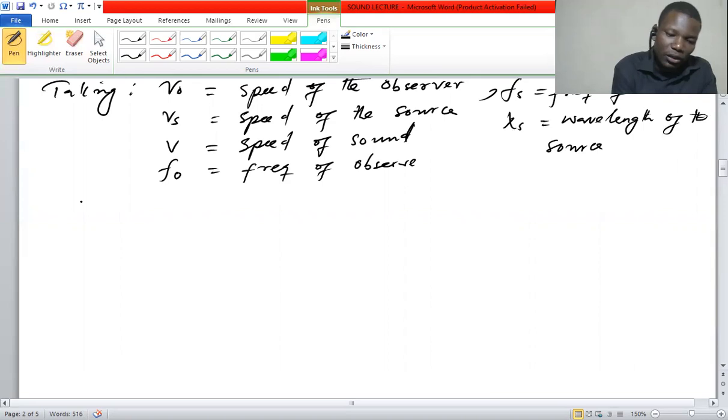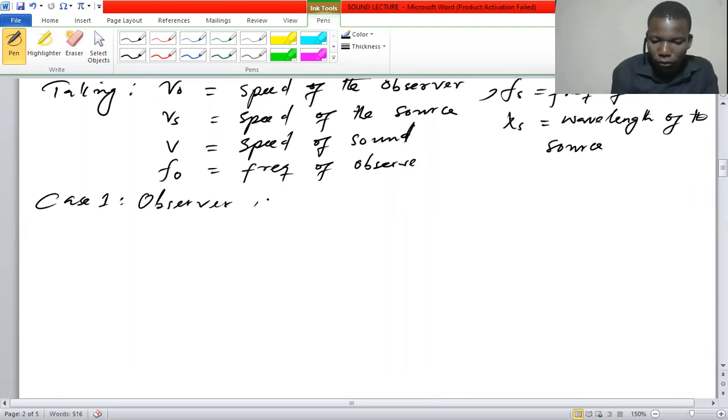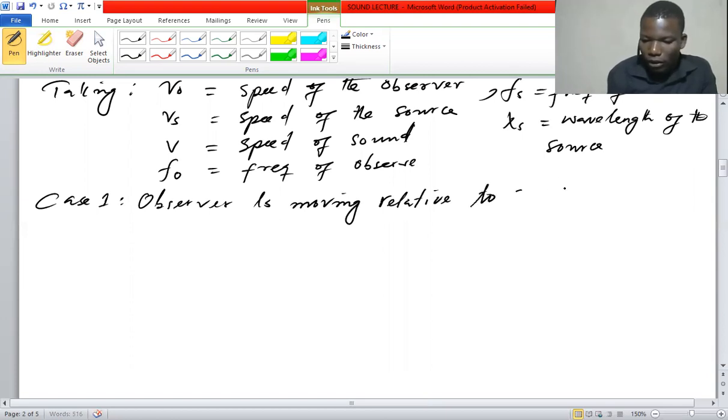So, case one: observer moving relative to a stationary source.